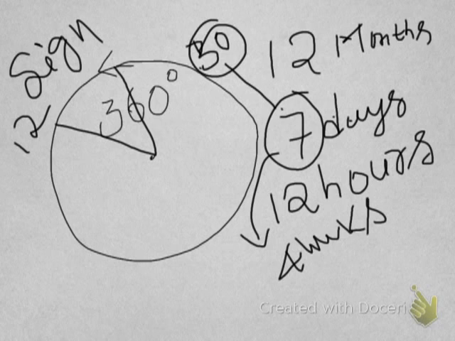So they divided the zodiac into 12 signs, and each sign has the characteristics of the month. Each sign corresponds to a month in the year. They closely observed the month's characteristics and properties and assigned the properties of the month to the sign.